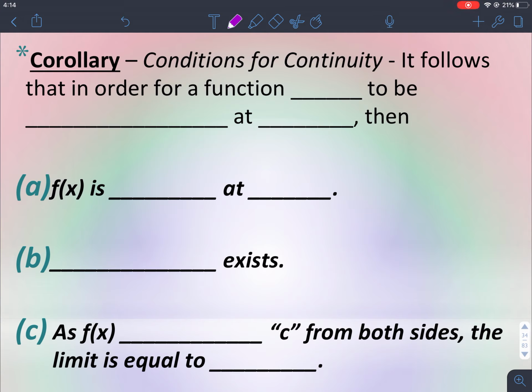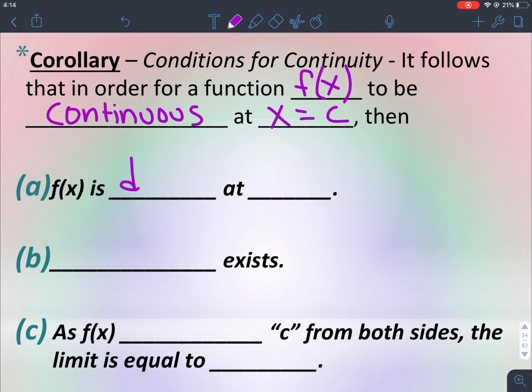We will see that in a little bit when we talk about whether or not things are continuous. So, conditions for continuity. It follows that in order for a function to be continuous at that same x equals c, it must be true that f of x is defined at x equals c.